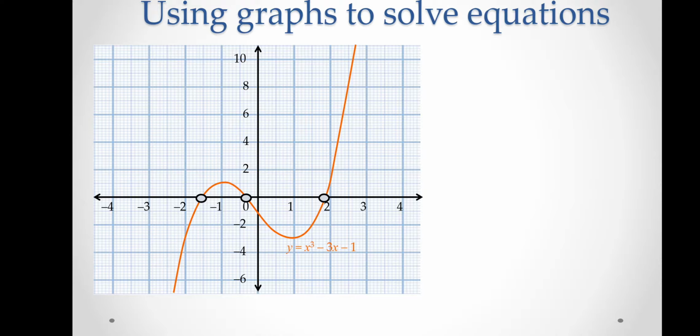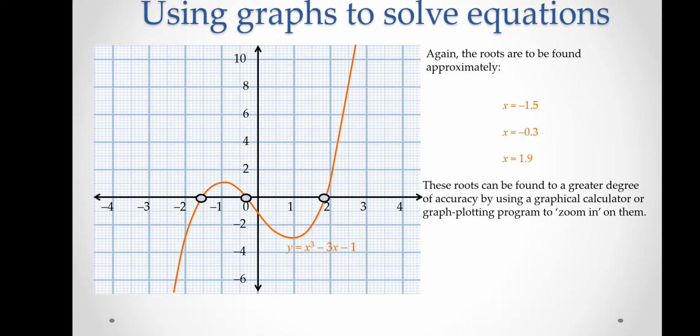That means we have three solutions. Approximately they are x equals minus 1.5, x equals minus 0.3, and x equals 1.9.